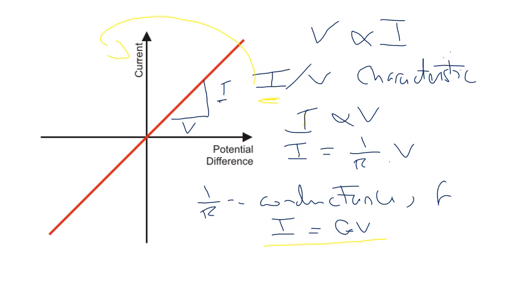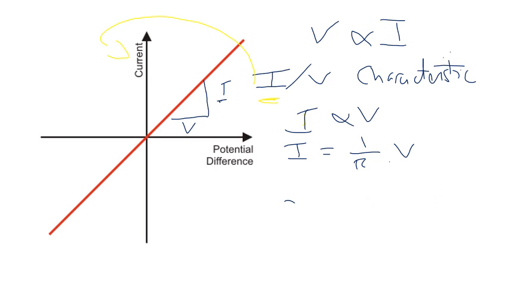So we don't use it that way around, although we could, but we still draw the IV characteristic with the current on the y-axis and not the potential difference on the y-axis, which is what I asked you to do. So if that confuses you when you're having a look at graphs, you just have to bear that in mind. Now, the key thing here is it's a straight line.